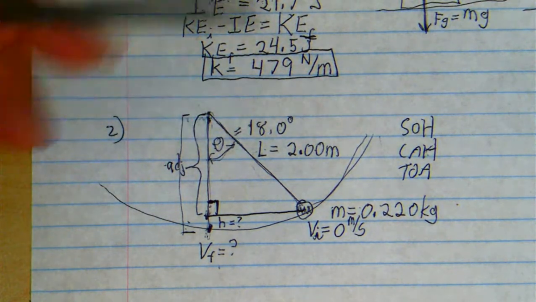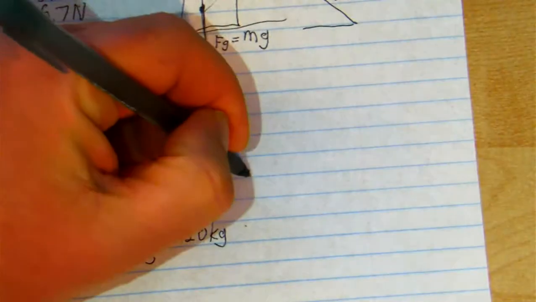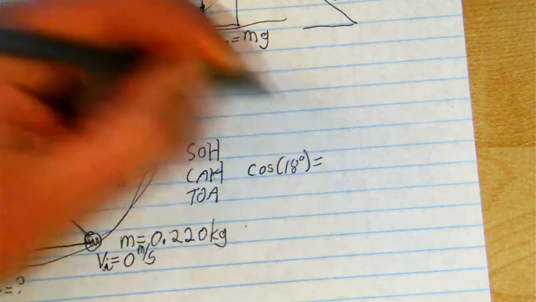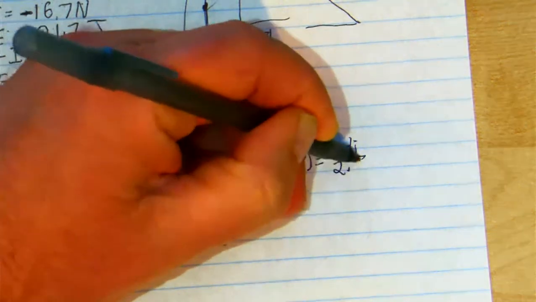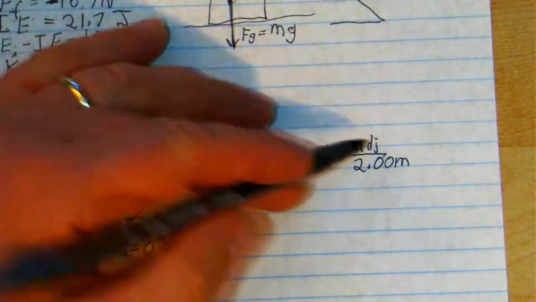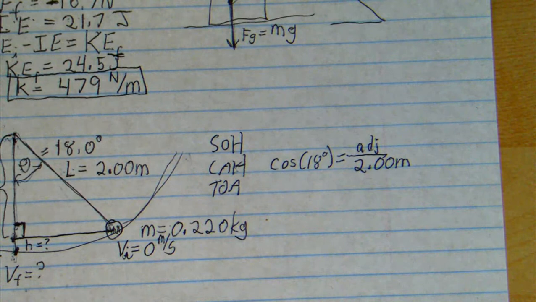I know the angle. The cosine of 18 degrees is equal to the adjacent side divided by the hypotenuse of 2 meters. Rearrange this equation and solve for the value of the adjacent side.